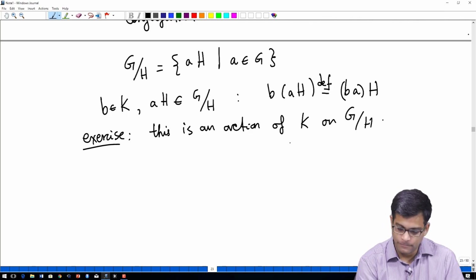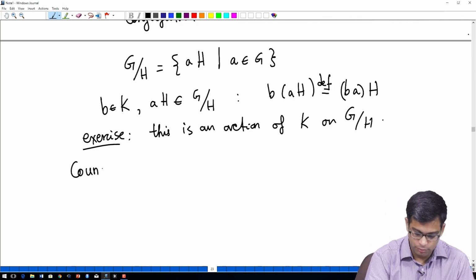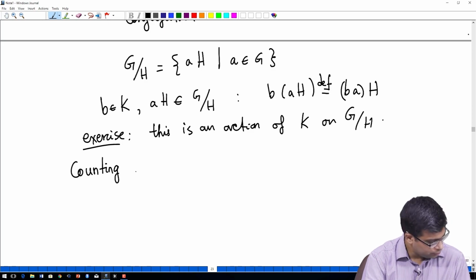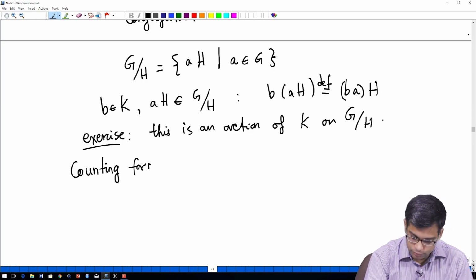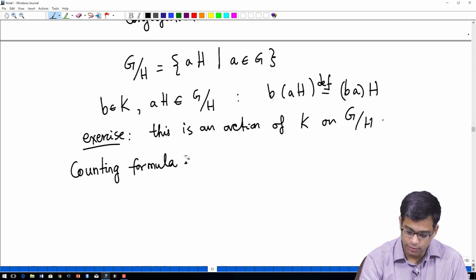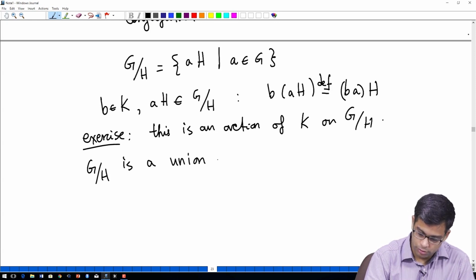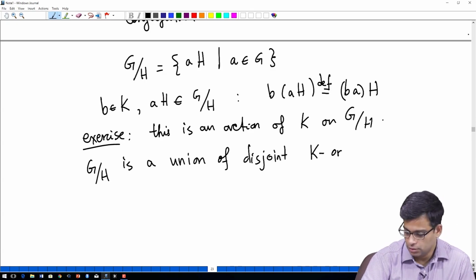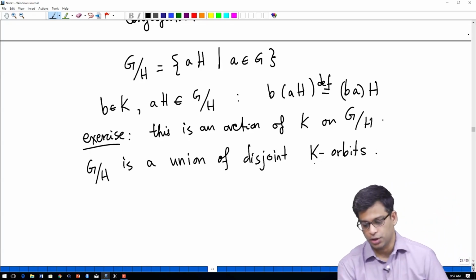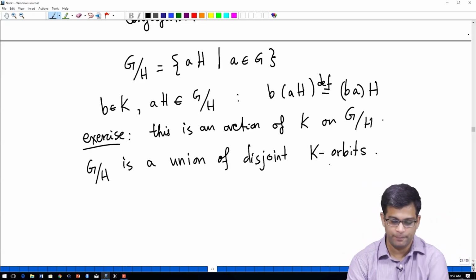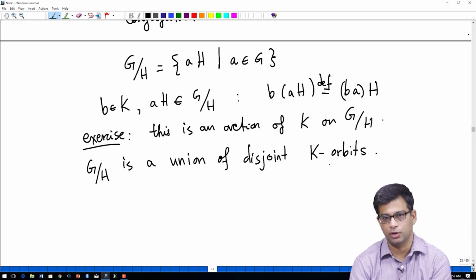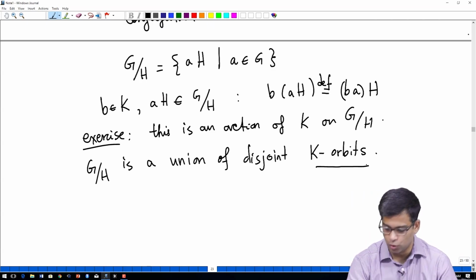So, what we have is, this is not the counting formula actually, remember G mod H is a union of disjoint K orbits. I am going to use the notation K orbits to denote that it is the action of K. Usually we talk about action of G, so here I am looking at action of K, and I am going to stress that by talking about K orbits.